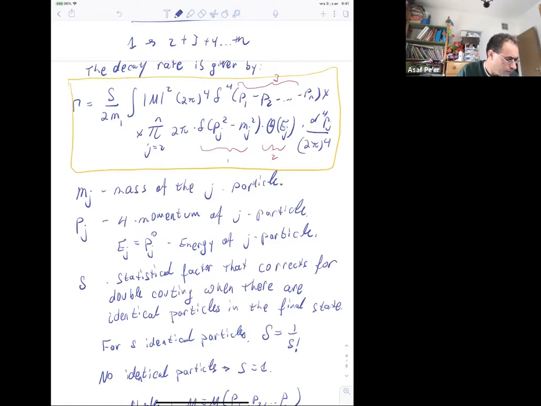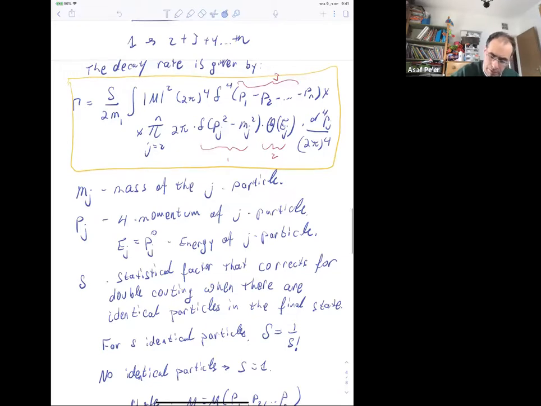Okay. Now let's take that and simplify it a little bit. Let's see, I have a way. If I do that, what happens?